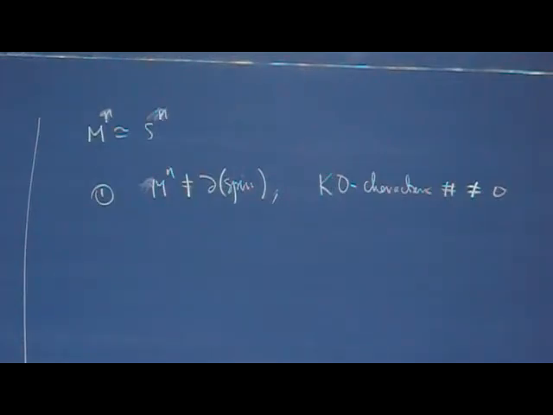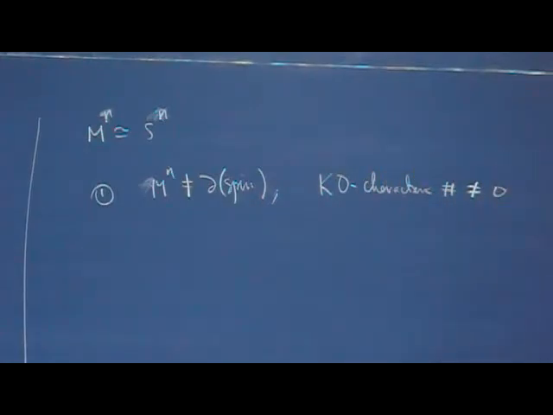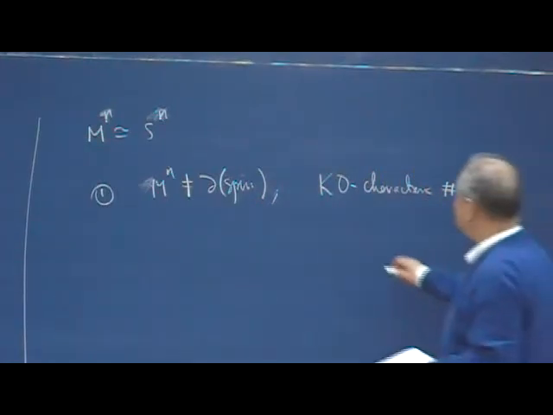Corresponding to the mod 2 index of the Dirac operator for the spin manifold, sometimes called the alpha invariant.